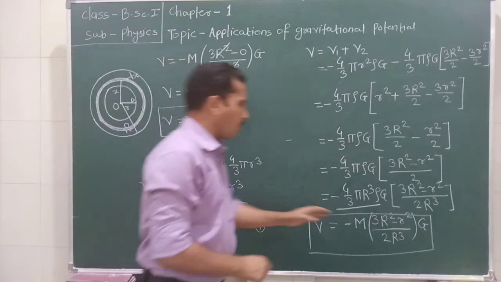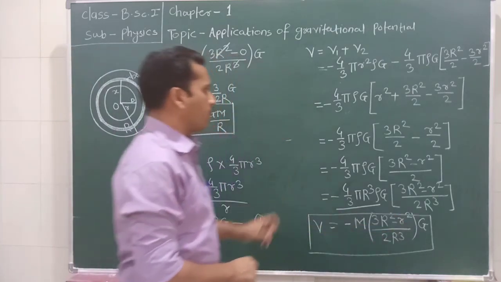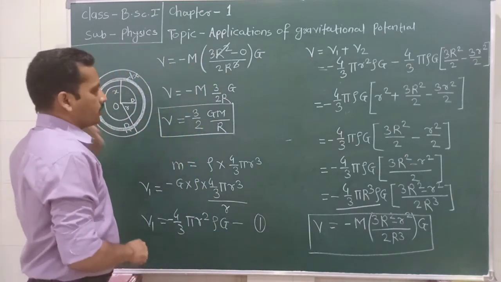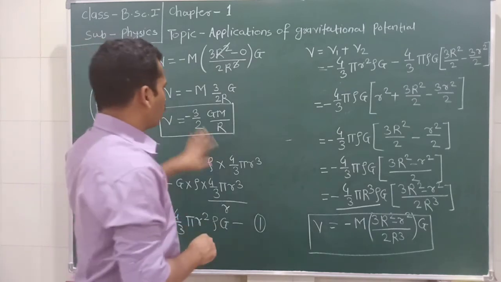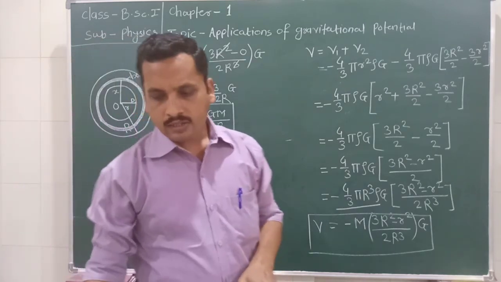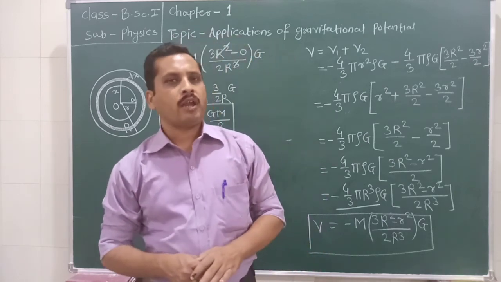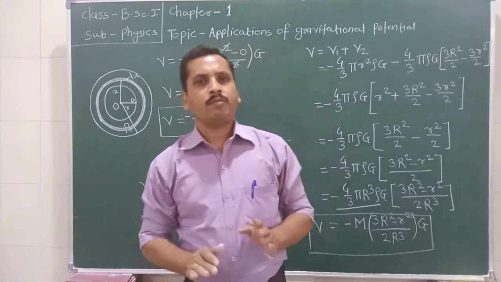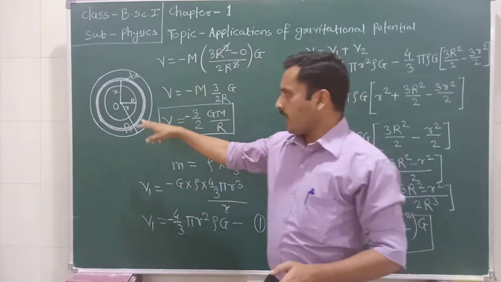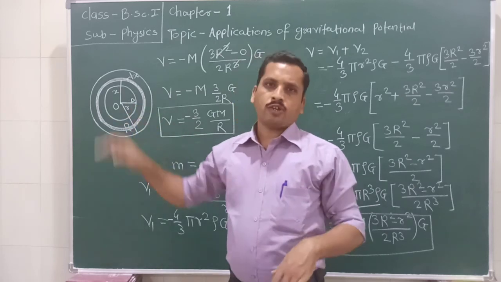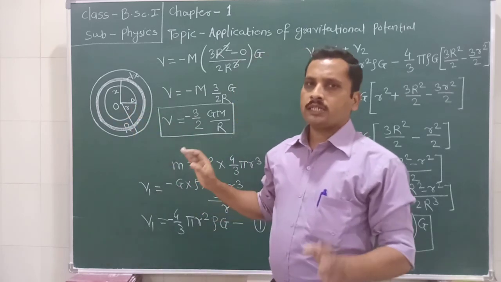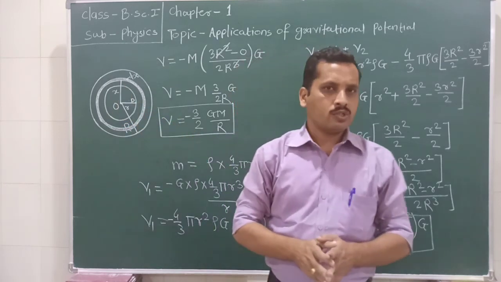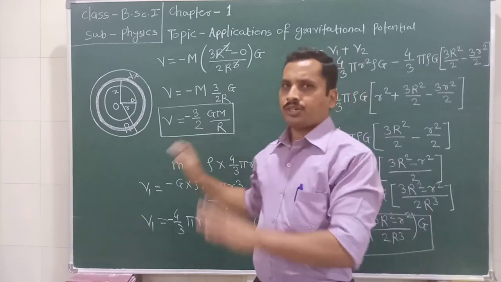If we know the value of small r, then we can calculate the gravitational potential at any point inside this solid sphere. Today we discussed the second application of gravitational potential, in which we derived a relation for the gravitational potential at point P inside the solid sphere, and then we saw a special condition if this point P lies at the center. So this is the expression for gravitational potential.